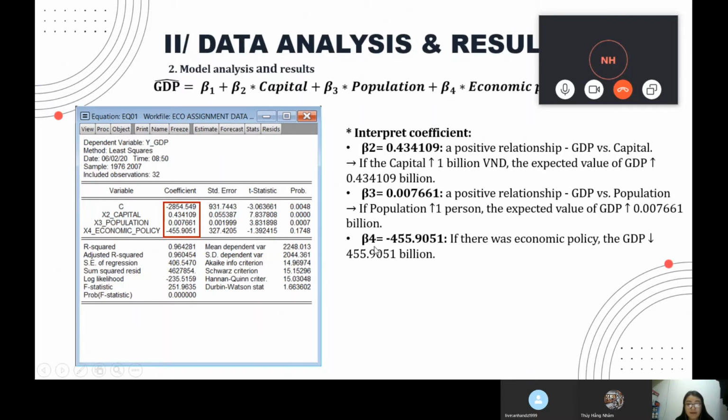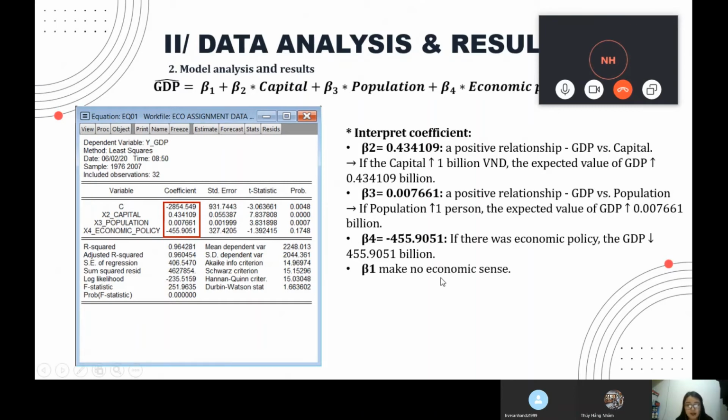And we have beta 4 equal to minus 455.9051, and it means that if there is economic policy, the GDP will decrease by this amount in billions.